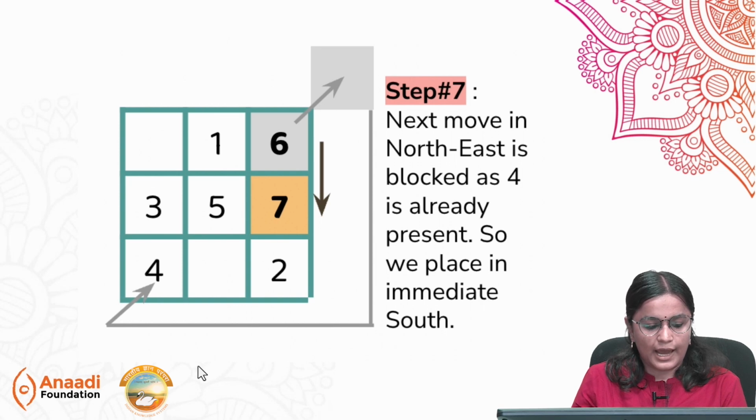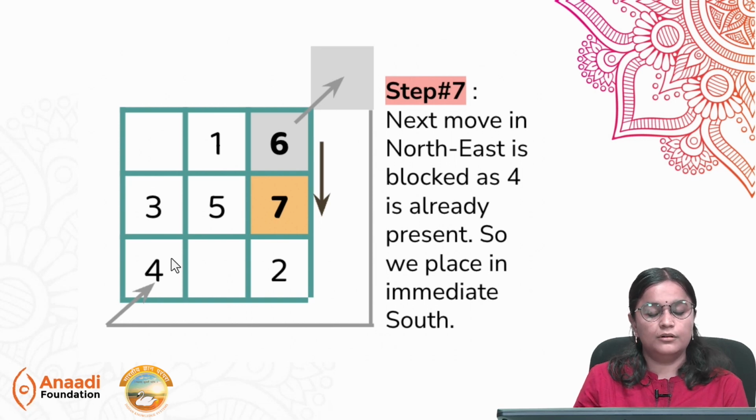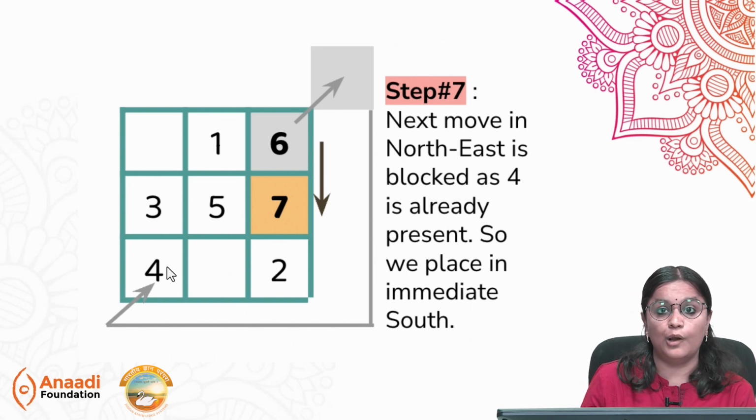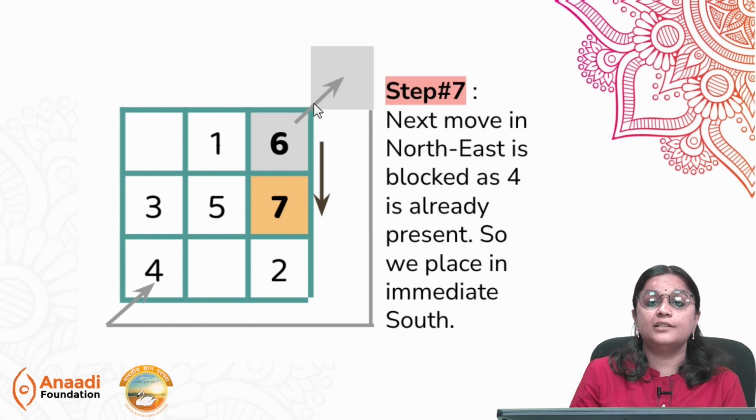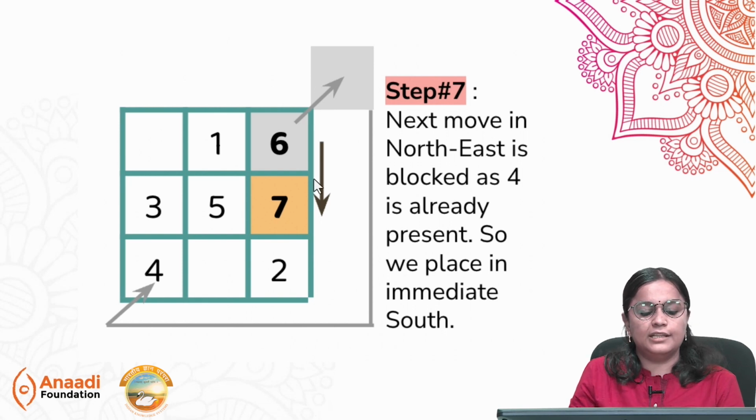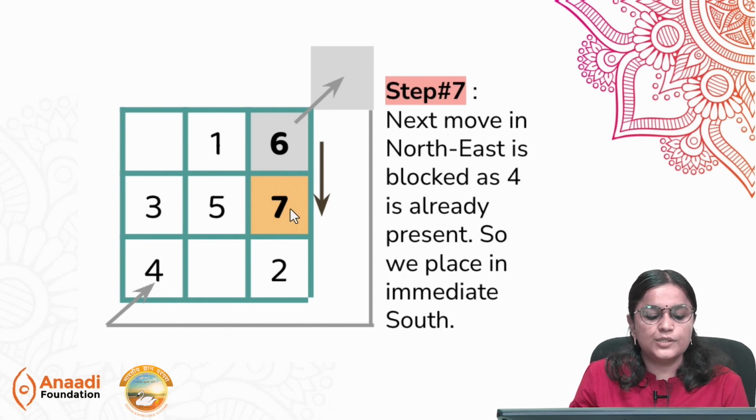But once we wrap this around, we find that this move is also blocked because 4 is already present in that square. So, as we remember in the rule, if that place is blocked, what we do is we invert the direction, which means instead of placing in north, we place it in the immediate south, and so 7 will fall right below 6.